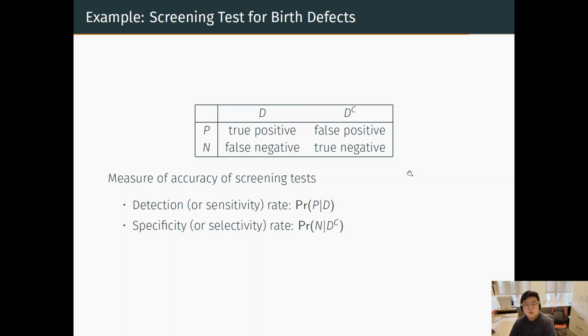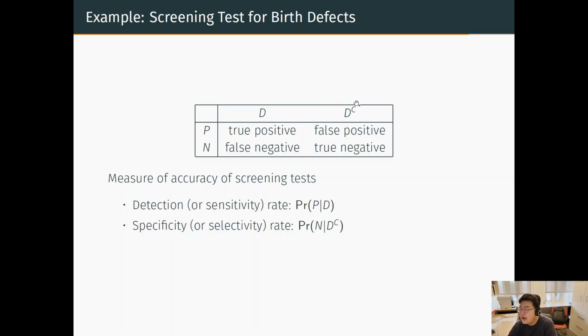Okay, so this is a famous kind of test in statistical terms. Depending on whether you have a defect or not, your test result may be positive or negative. If you have a defect, your test result should be positive if it was correct, so we call this true positive.